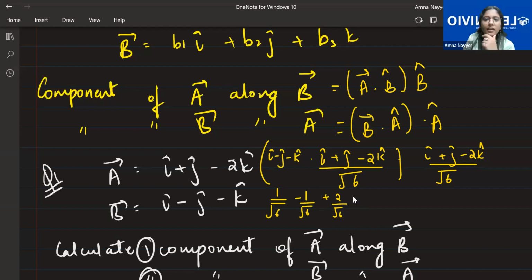Simran's answer is correct. Neha, you did a mistake when you were multiplying. This will be 2 by root 6 into I cap plus j cap minus 2k cap.